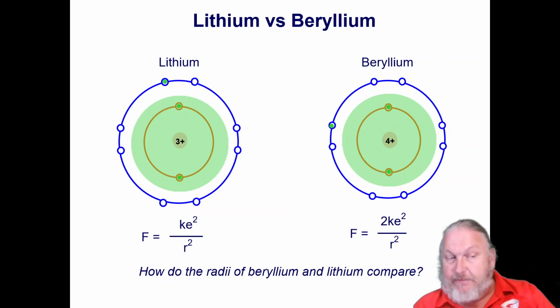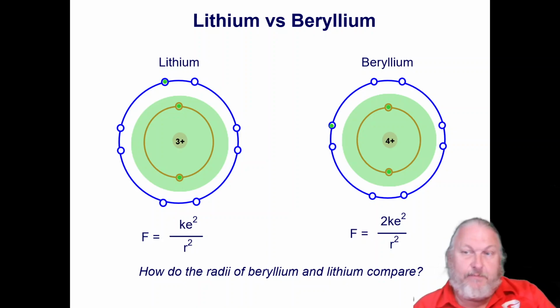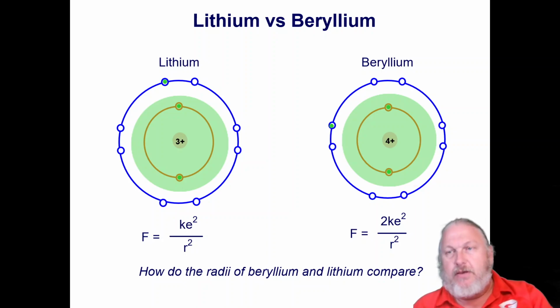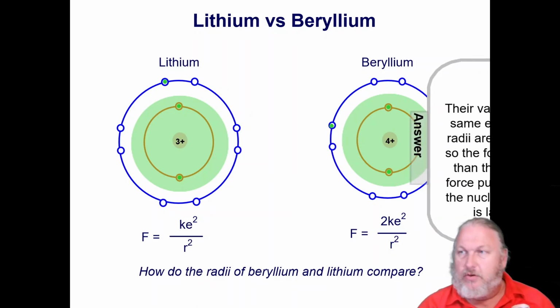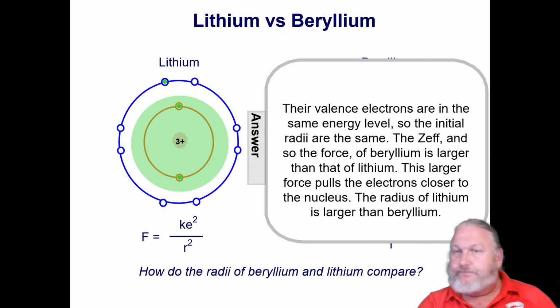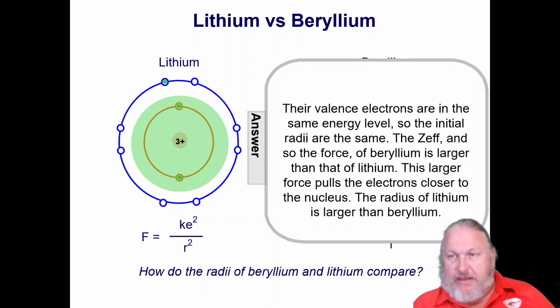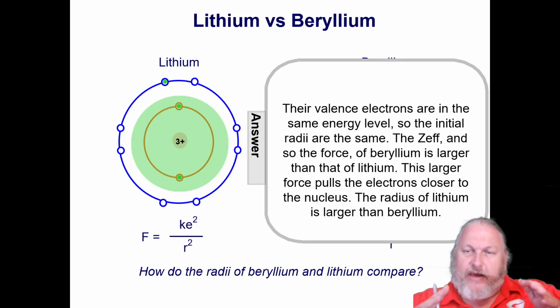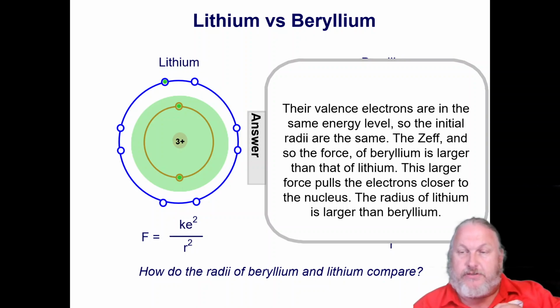Well, we're on the same period. But now I've got a greater attractive force between the nucleus of beryllium and the 2 valence electrons. So they're in the same energy level, but you've got a greater attractive force, so that's going to pull the electrons closer to the nucleus.